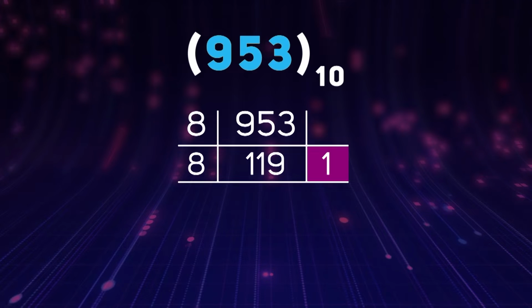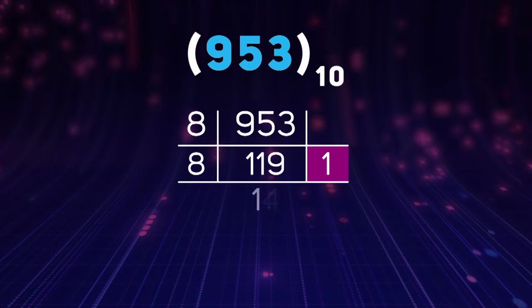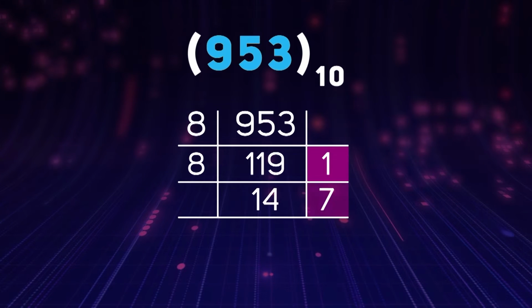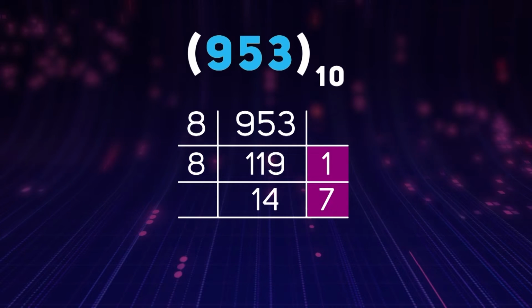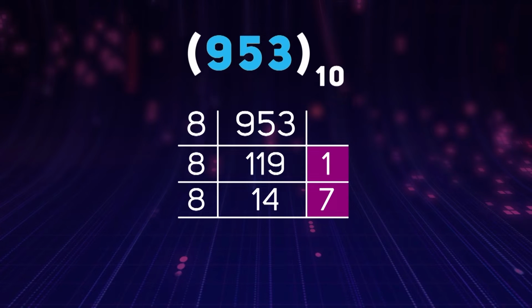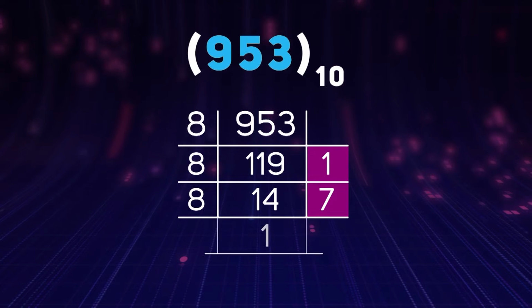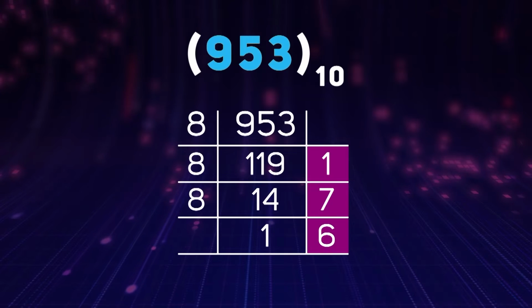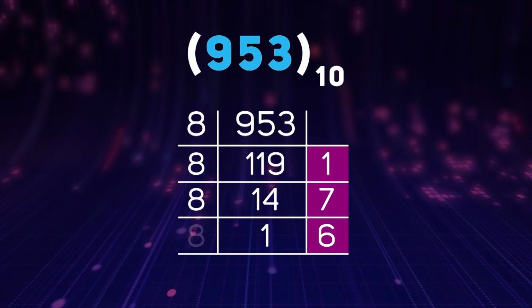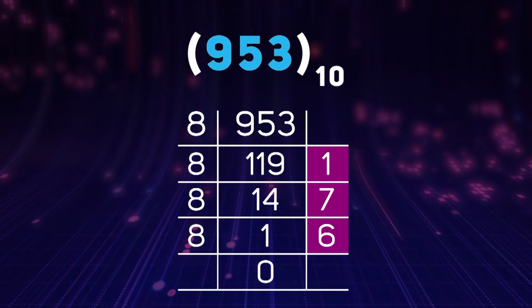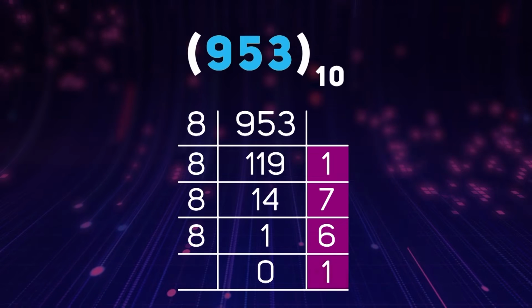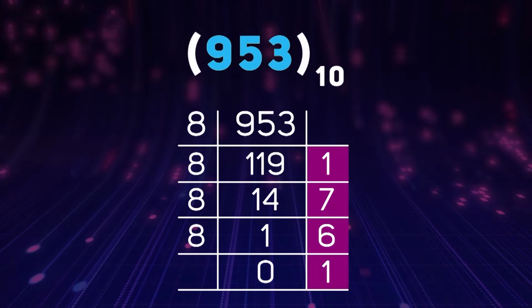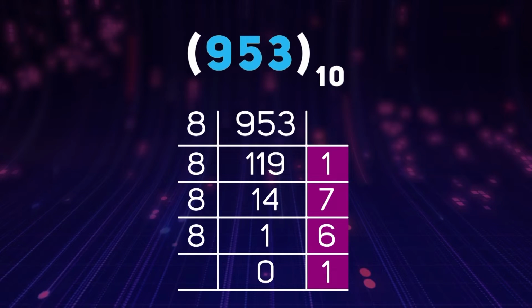Again, divide 119 by 8, we obtain 14 as the quotient and 7 as the remainder, which is again stored. Then divide 14 by 8, you get the result as 1 and the remainder 6, and again divide 1 by 8, we get the quotient 0 and the remainder 1, and now the quotient is 0, so we stop the process.